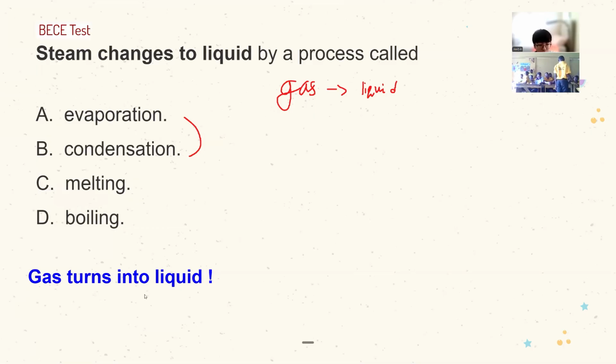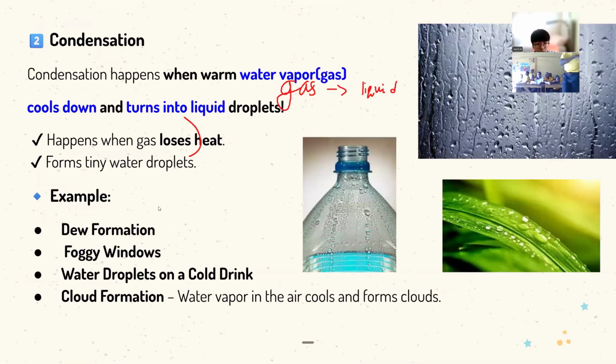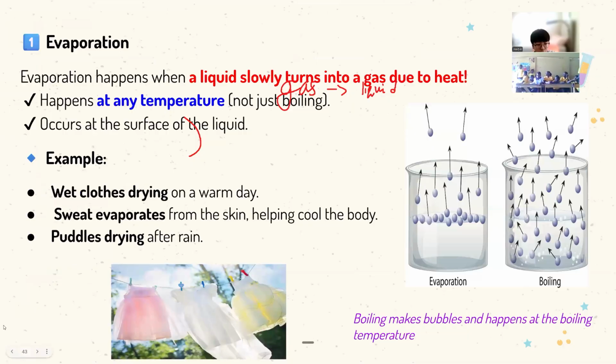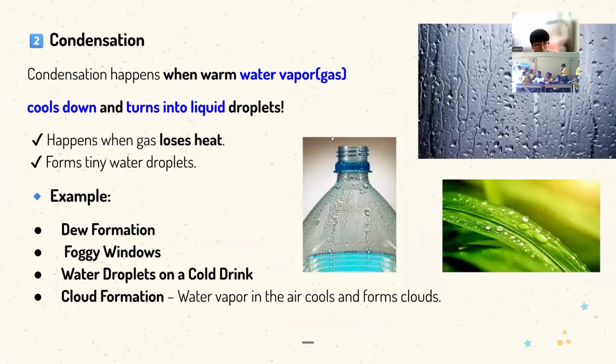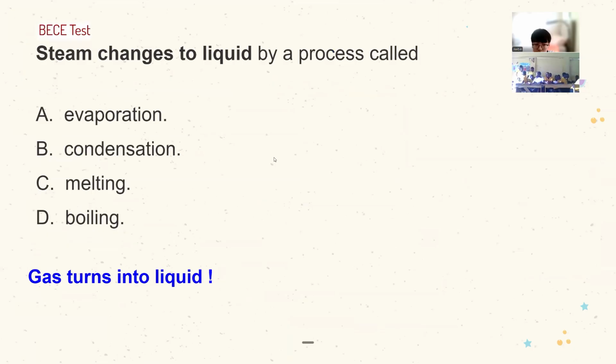We can look at the previous slide here. Evaporation happens when we go from liquids to gas. And condensation is what happens when we turn gas to liquids, right? So what would be the answer? And the answer is B.